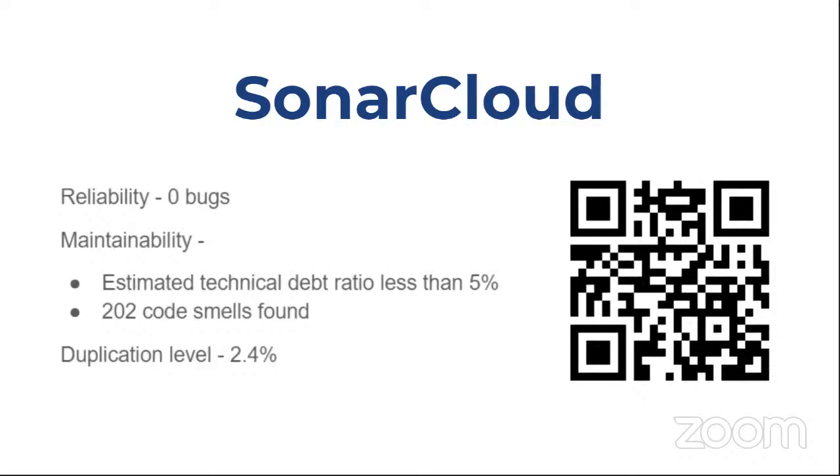Reliability bugs weren't found. Maintainability also has good results. It has less than 5% of estimated technical debt, and 202 code smells were found. The duplication level is about 2%, which is also a normal level.